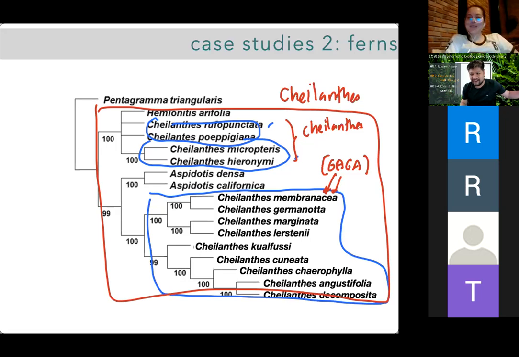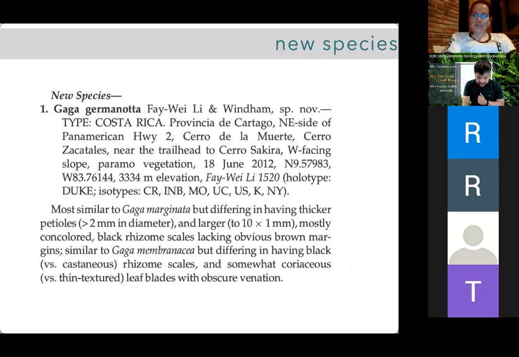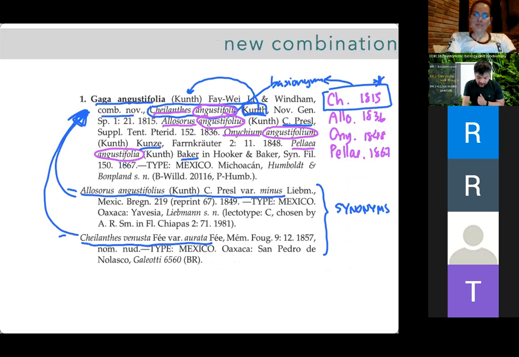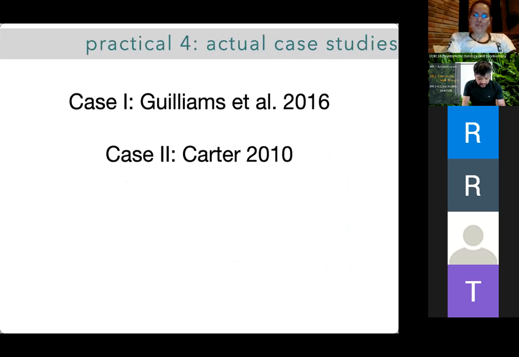So the other two are now fading into the background. Just like that, Calientus used to be one big genus, and now it's splitting into smaller Calientus and newer Gaga. So it's now splitting into two genera. And once again, there's no right or wrong answer in this.